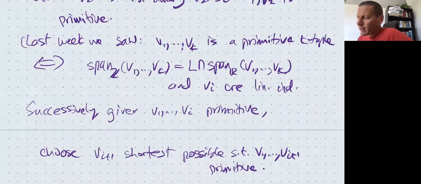We're going to check things using this characterization. I already said that when you choose v1 to be the shortest, this holds. So that's the basis of the induction. v1 is a primitive 1-tuple, because it satisfies this condition.